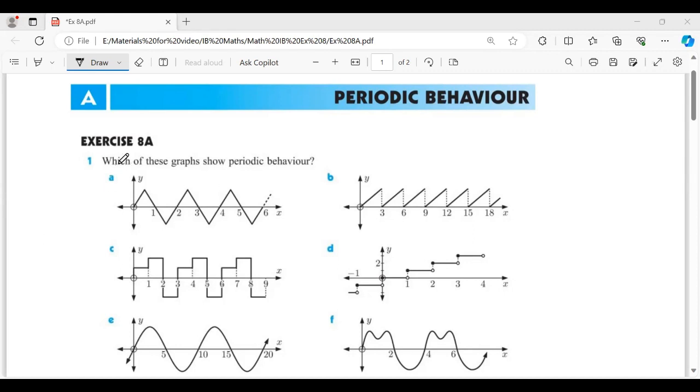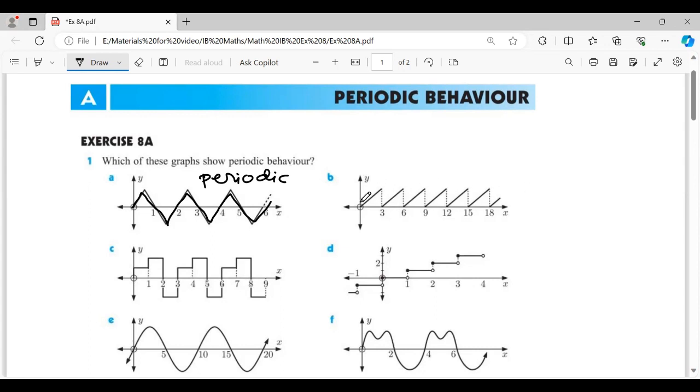If you look at number 1A, look that this graph repeats itself, from this point until this corner point, repeat, and so on. So it means this graph, 1A, is a periodic graph.